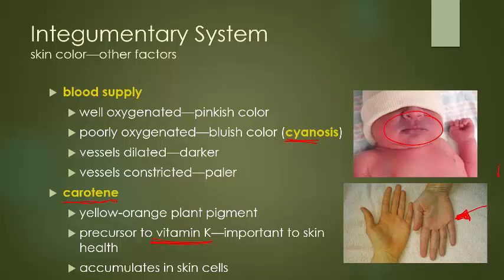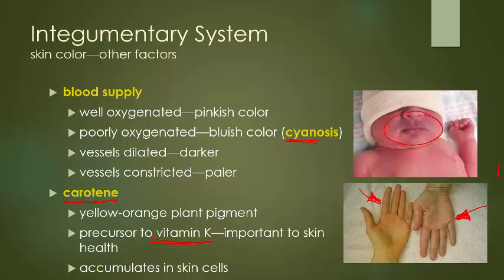That's a normal color, but this hand here is from a person who has consumed a lot of carrots or carrot juice, and you can see the orangish color that it's given to that person's skin. So carotene will accumulate in skin cells and will add to the color of skin as well.